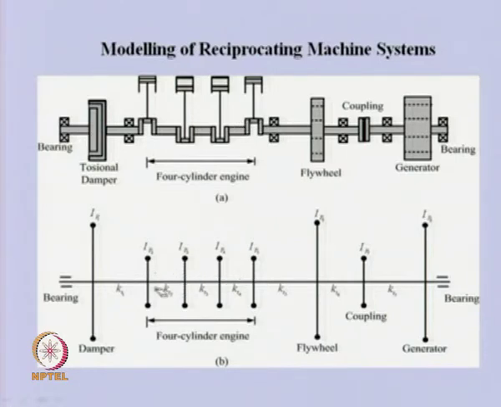You can see that converting the torsional damper to a revolving part is much easier, as are the flywheel, coupling and generators. But for this particular thing, we will see how we can do it, and we will be using a very approximate crude method for this conversion of the reciprocating parts to the revolving parts.